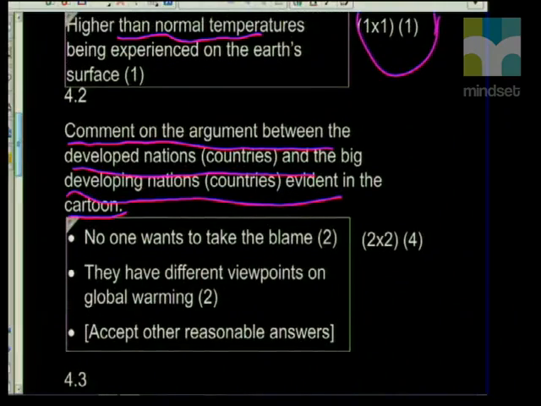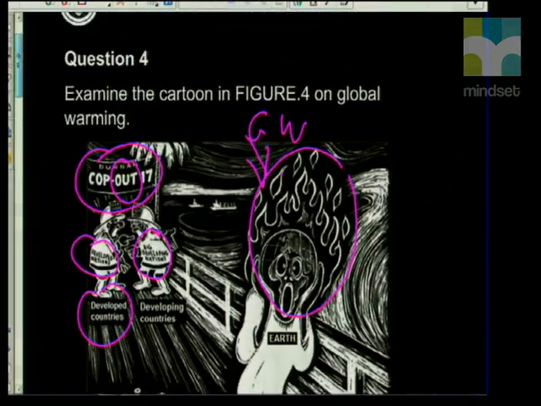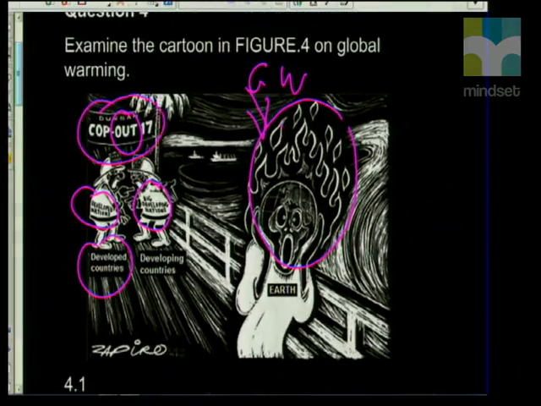If I look at the cartoon again, COP17 is written above here, and you can see they're arguing. Obviously, it's arguing about environmental challenges.